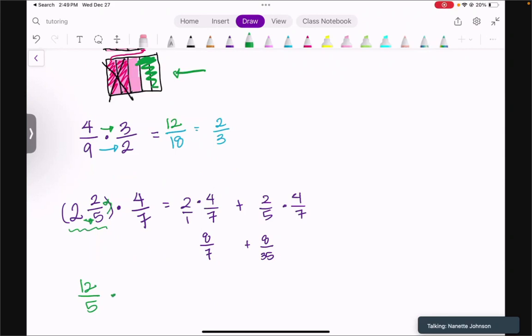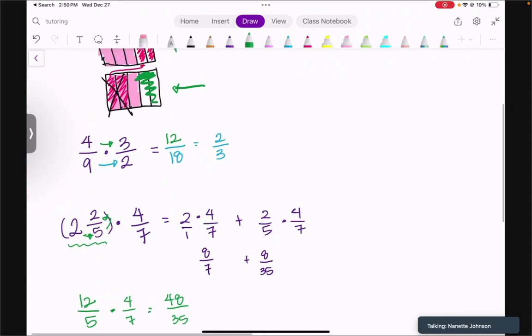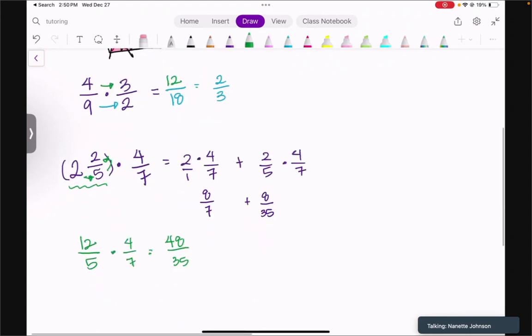And then now we can multiply this times 4/7. And our answer becomes, again, just multiplying across, 48/35, which is some number. For high school, just so that you know, most high school teachers will like improper fractions because they're actually easier to deal with than mixed numbers.